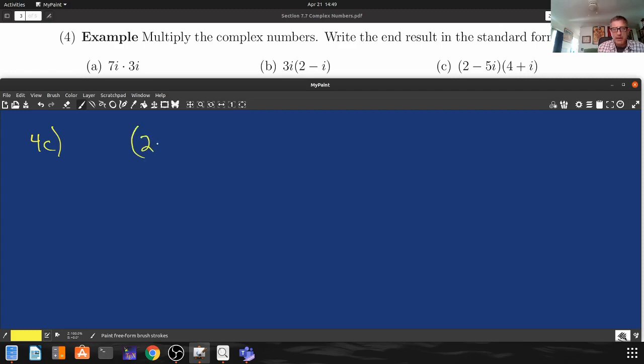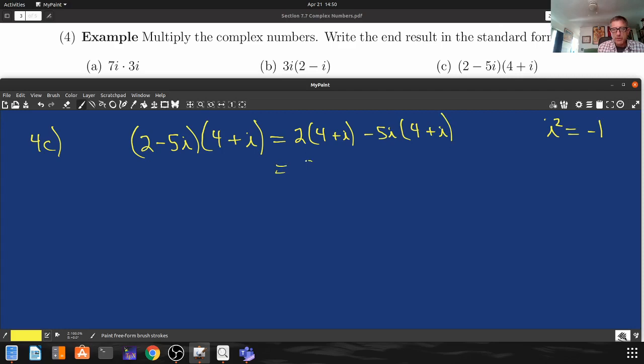We have 2 minus 5i times 4 plus i. Again, we remind ourselves that i squared is equal to minus 1. So you can FOIL this or whatever, but that's 2 times 4 plus i, minus 5i times 4 plus i.